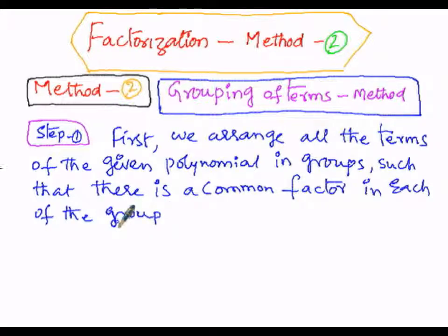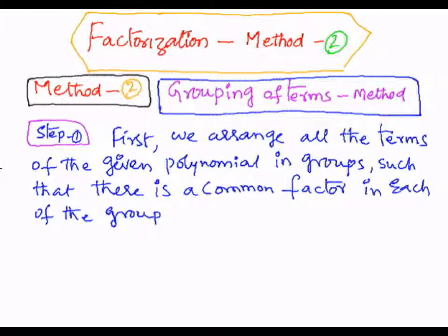So first of all we will arrange all the terms of the polynomial group-wise. So maybe 1 or 2 groups, 2 or 3 groups, and we will see in such a manner that each group consists of a common factor.